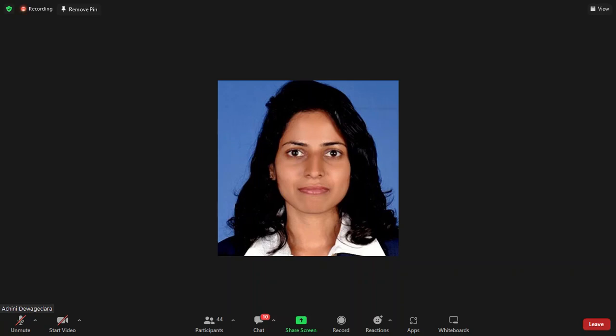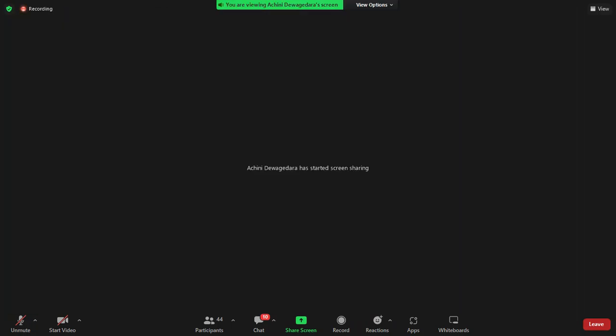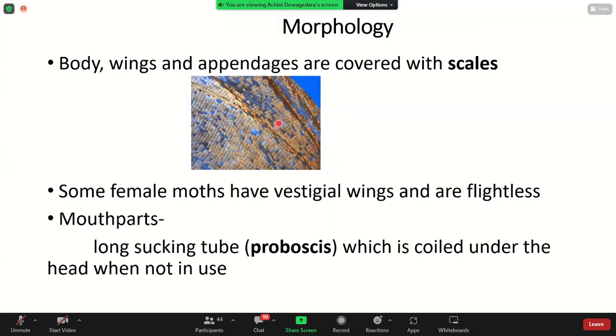Okay, I think you got an idea how these scales are present on the body and the wings of Lepidoptera, right? And when we talk about the mouth parts, I told you that butterflies have a structure called the proboscis.